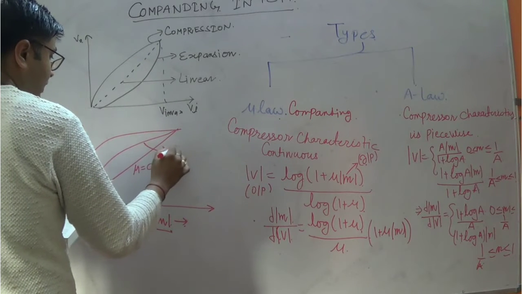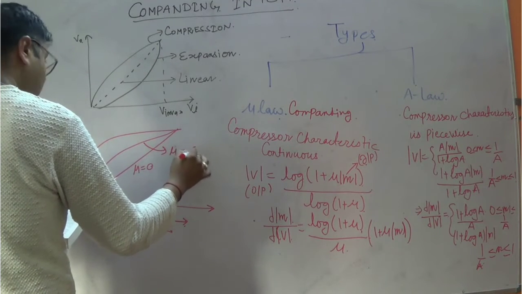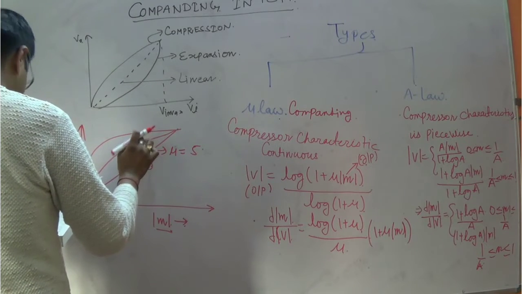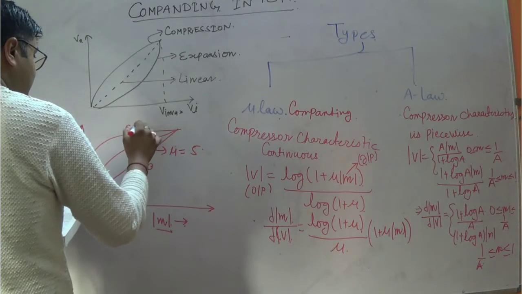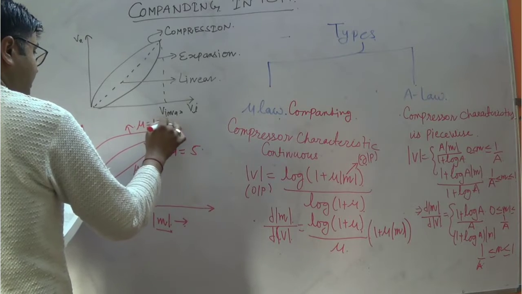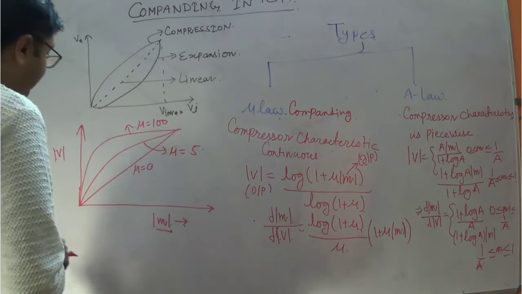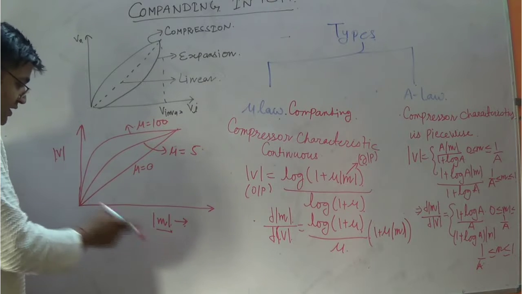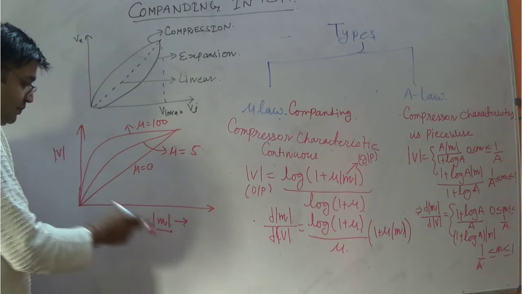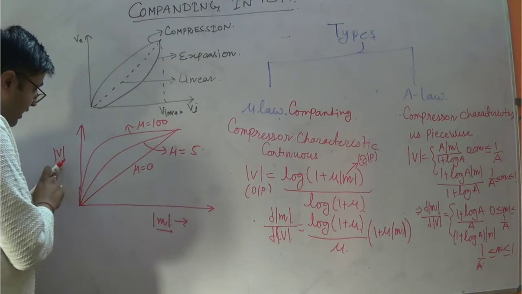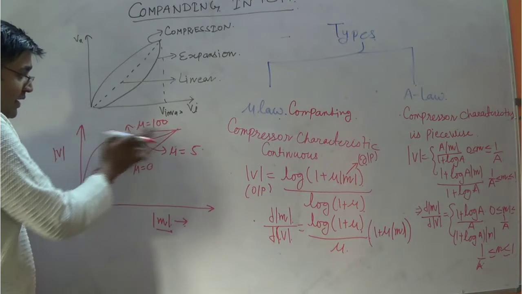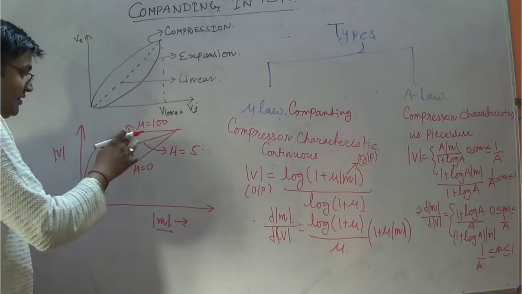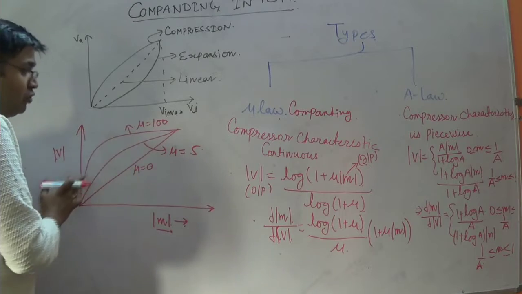When the value of mu equals 5, suppose we are taking the value 5, it will look like this. And if mu is 100, the output characteristics will be like this. As you can see, with respect to input, the output is compressed and expanded as per this method.